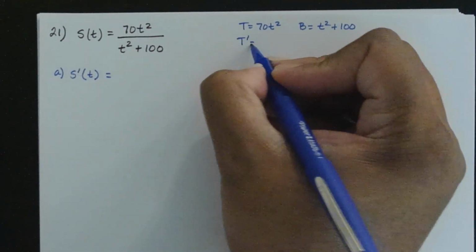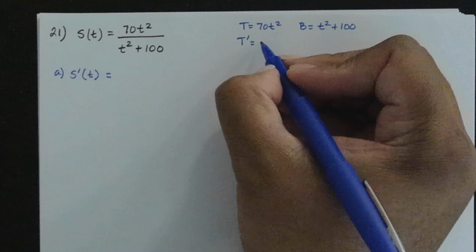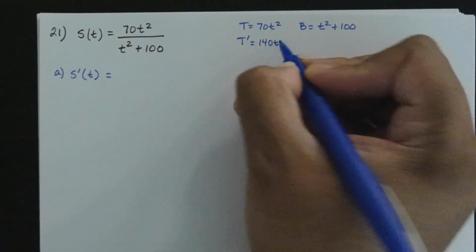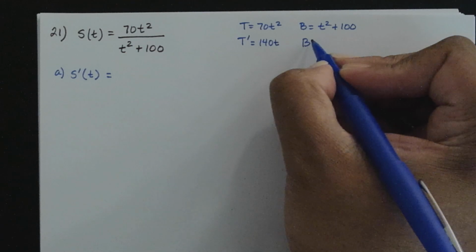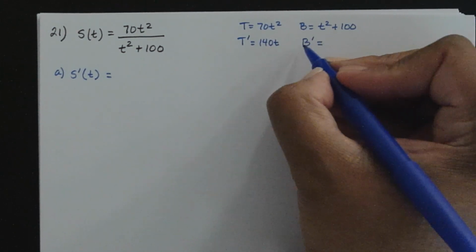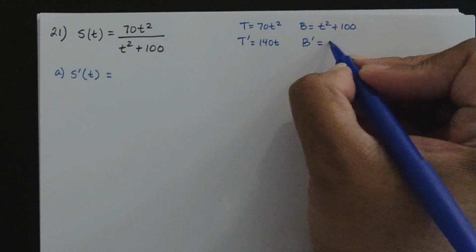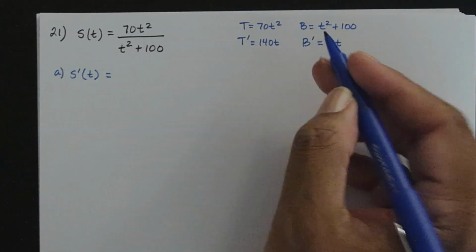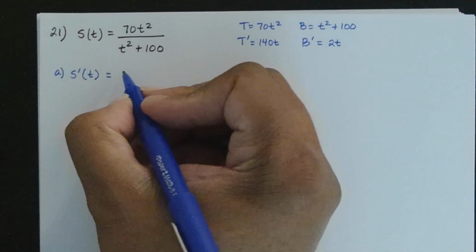If the top is 70t squared, what would be the derivative of the top? 140t. And if the bottom is t squared plus 100, what's the derivative of that bottom? 2t.